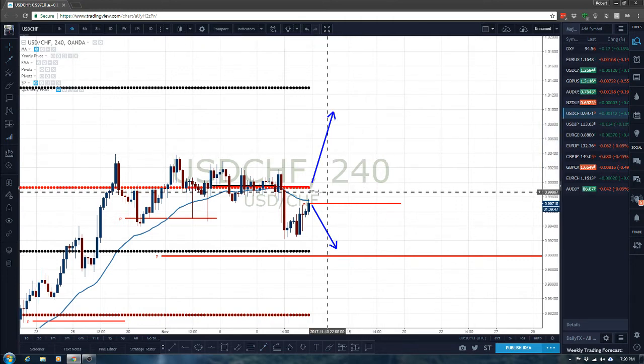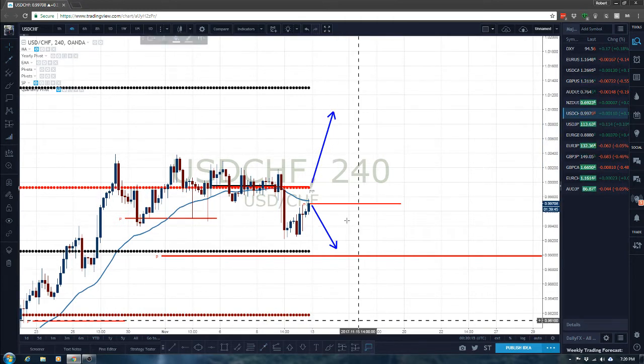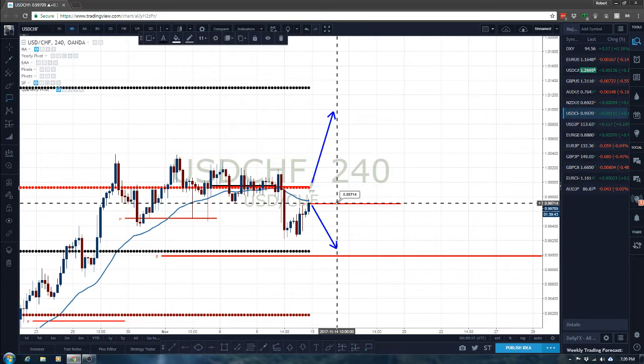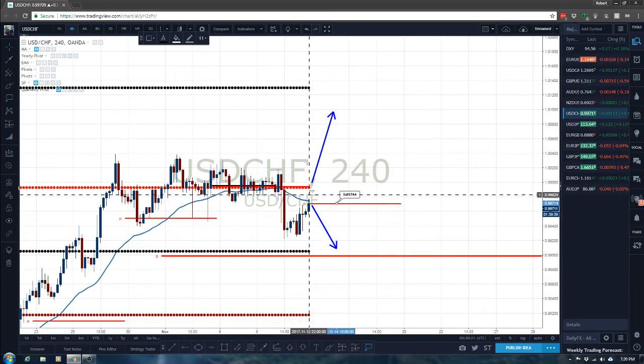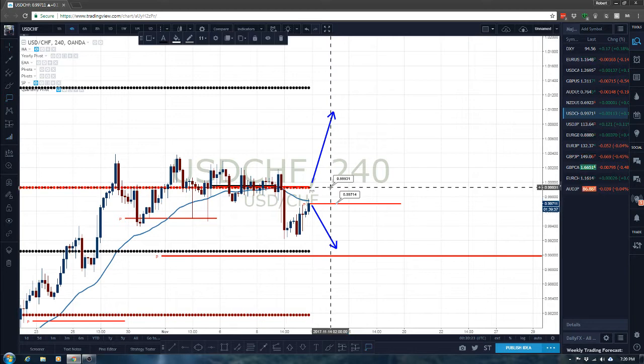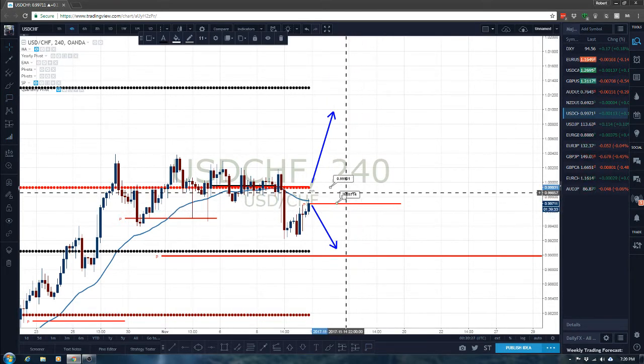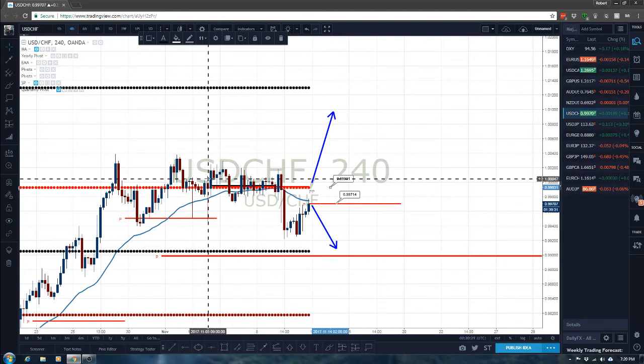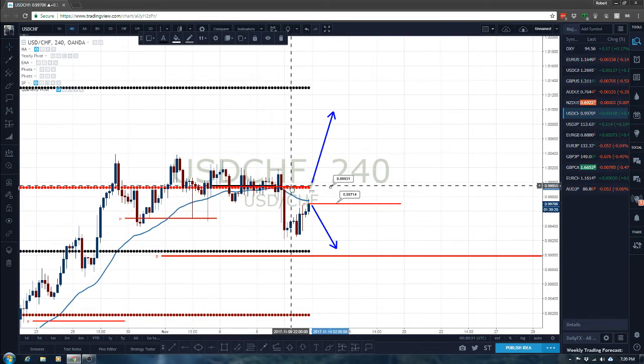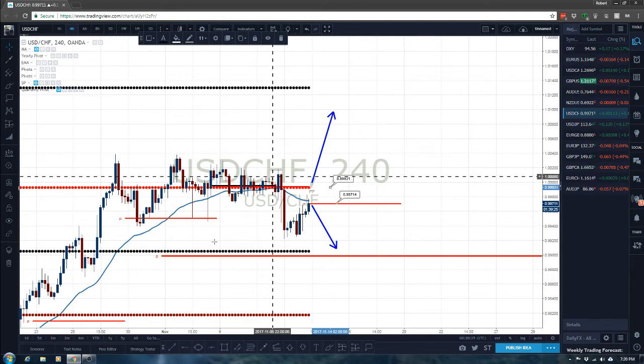Just kind of keep an area between these two levels. Anything above the 0.9970 level and the yearly pivot here, which is currently at the 0.9993 level, kind of look at that as a no trade zone. This area has been offering a lot of resistance. We really want to make sure it breaks before heading higher.